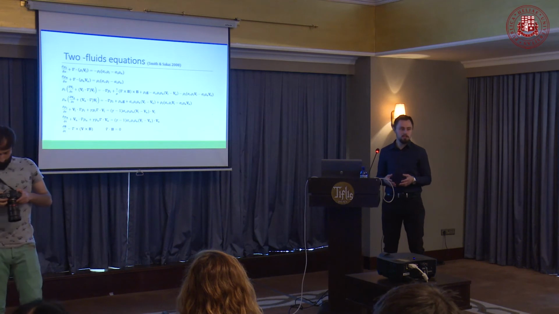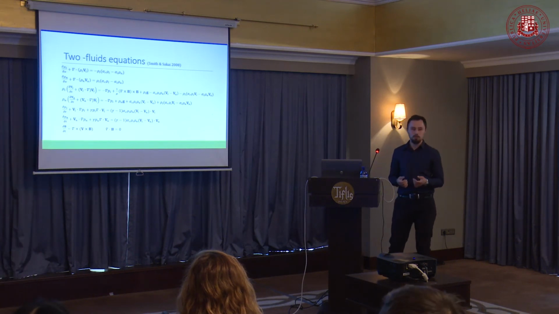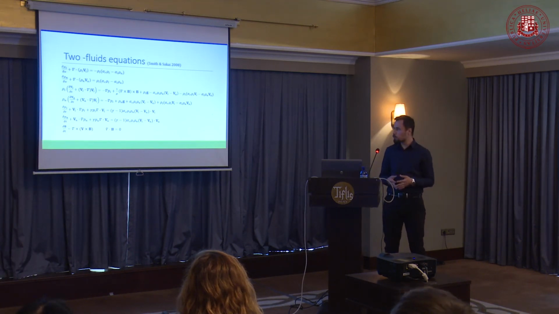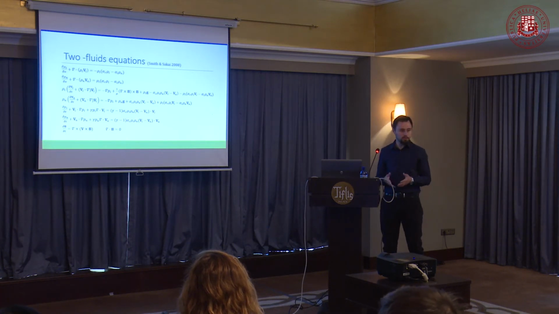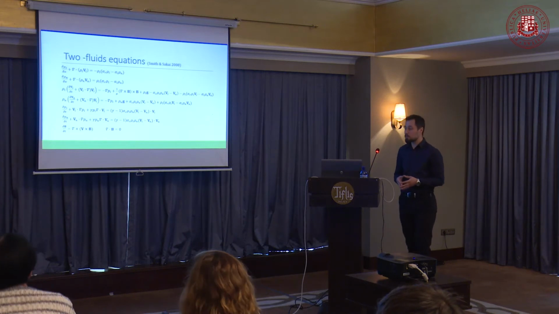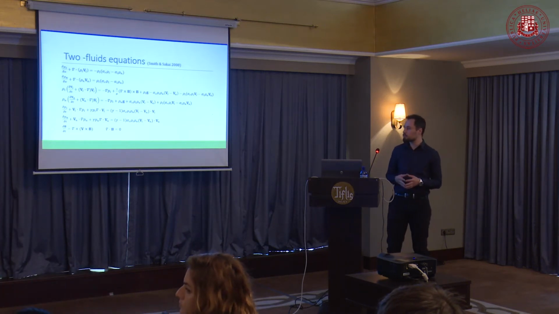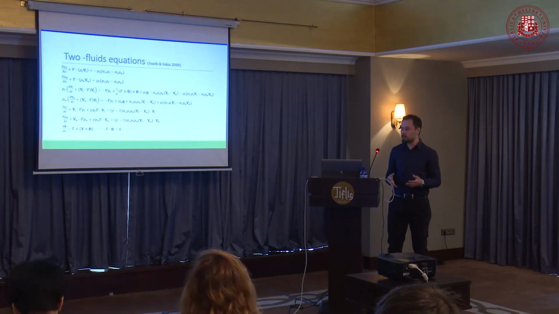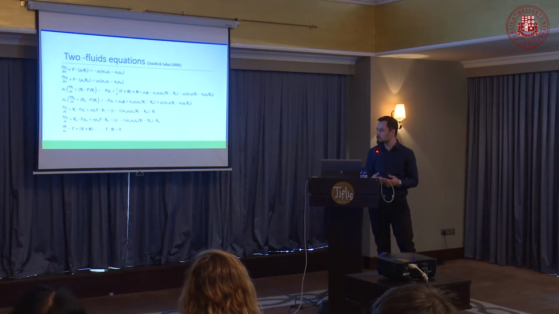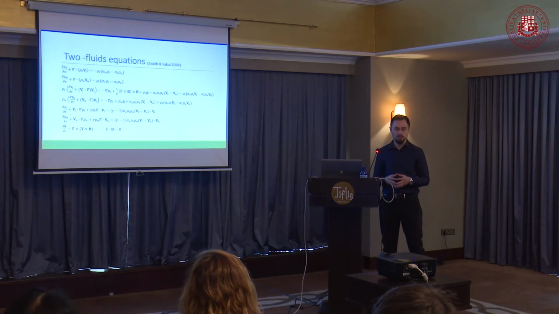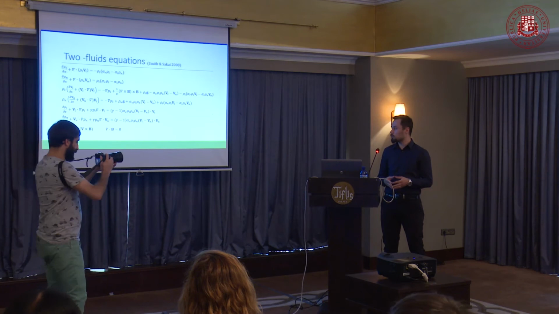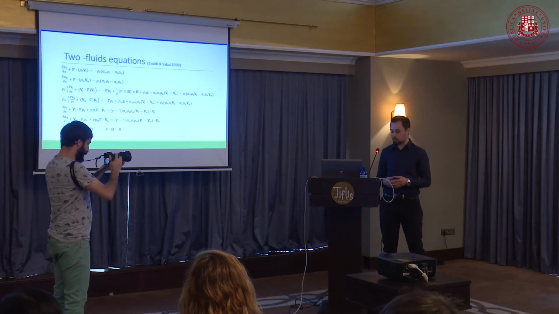The second fluid describes neutrals. And as we know, neutrals do not interact directly with the magnetic field, but they interact with it in other ways because they interact with ions. Here we have collisions between ions and neutrals, as well as recombination and ionization.